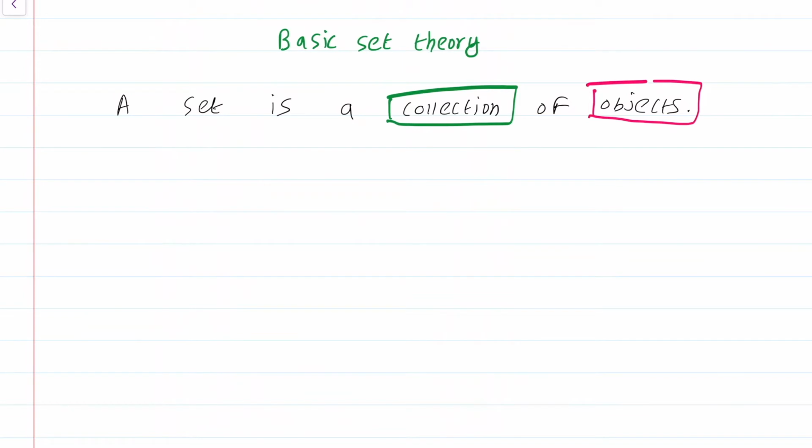We will not delve into the details of what a collection is or what an object is, but rather we will take it for granted that you have an intuitive grasp of what these terms mean. The term object does not pose that much difficulty simply because in our course all objects will themselves be sets, but the details are irrelevant to us.